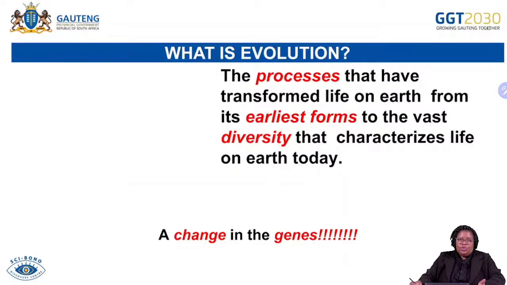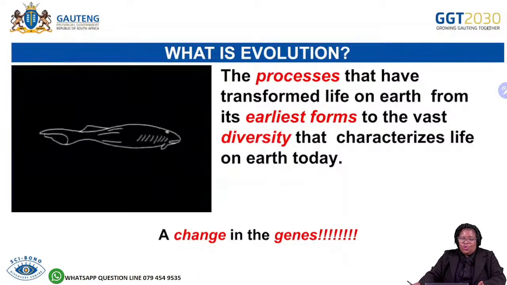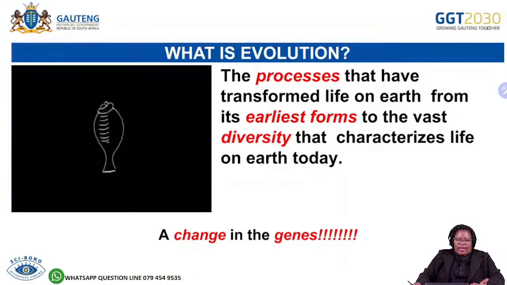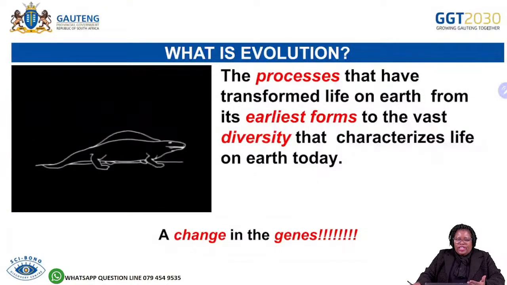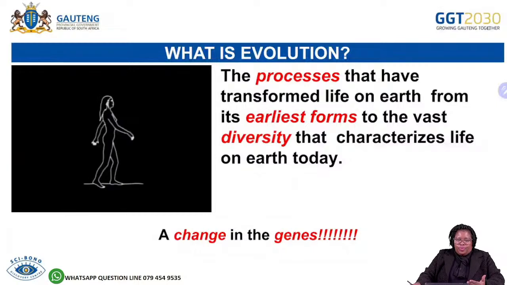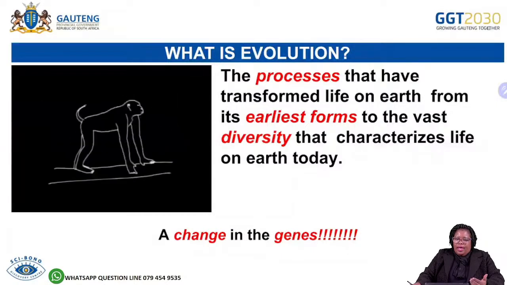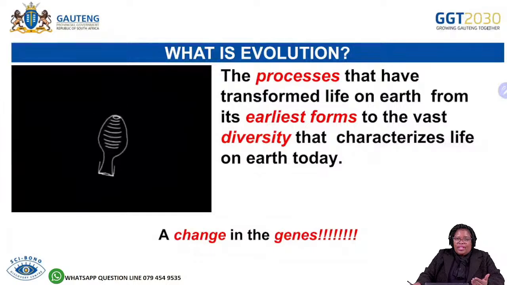Like I've introduced, we will be doing an introduction to evolution. We need to know what exactly is evolution. I want you to look at this: on my far right, I've got the changes of the species, looking at the earliest forms and the present forms.